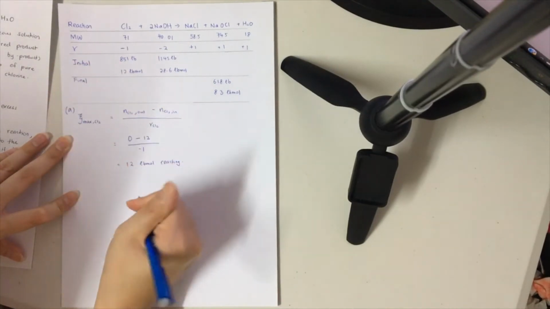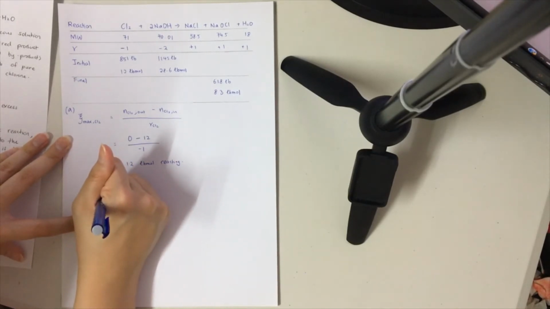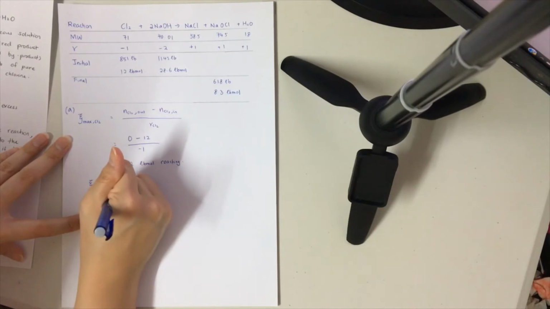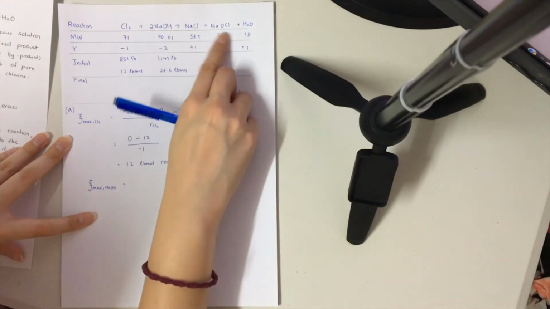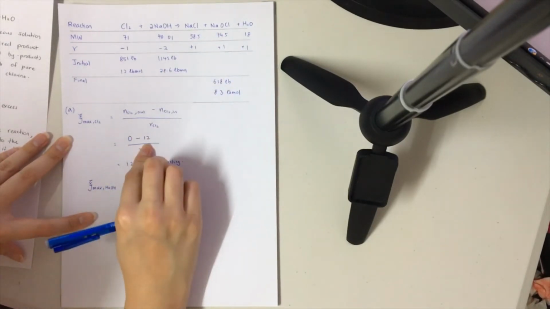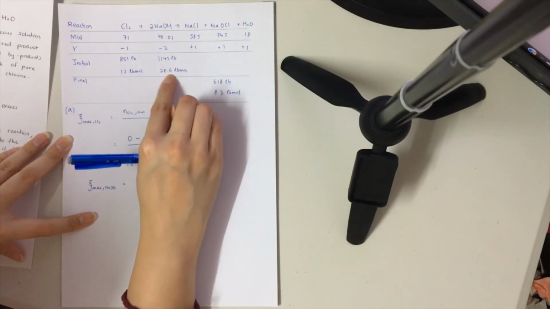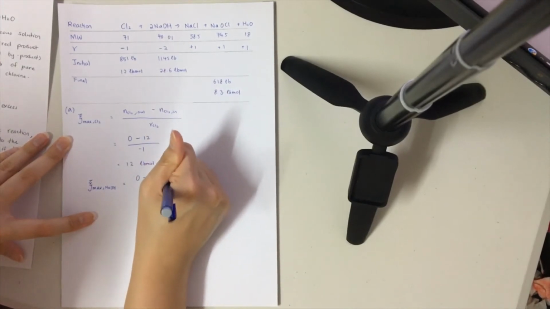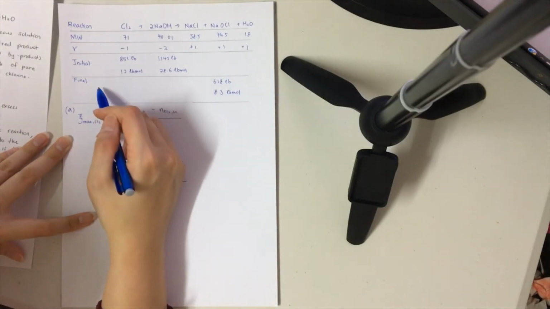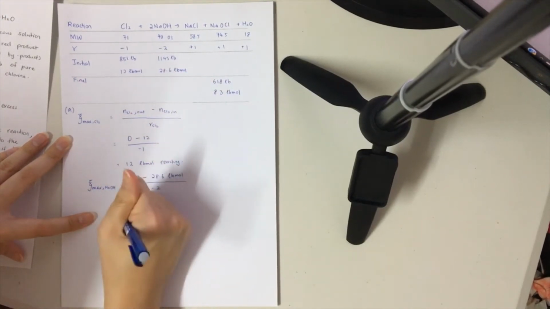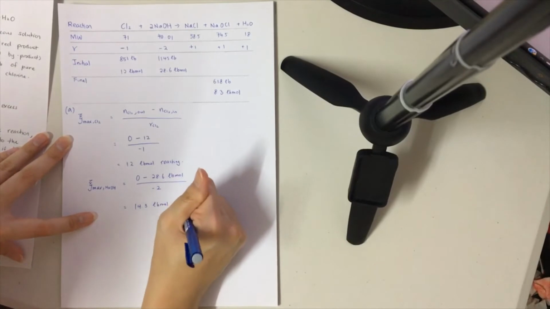This is for part A. Then, calculate the extent of reaction at maximum for NaOH. Similarly, the number of moles out is 0, minus the number of moles of NaOH in, which is 28.6 pound mole, divided by the stoichiometric ratio of -2, and we get 14.3 pound mole reacting.